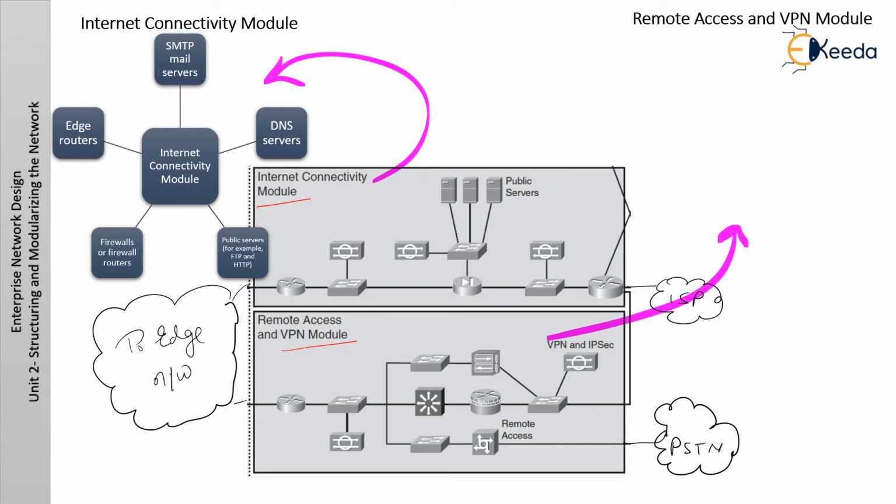Now come to the remote access and VPN module, here on the right-hand side. This module terminates remote access traffic and VPN traffic that the internet connectivity module forwards from remote users and remote sites. It also uses the internet connectivity module to initiate VPN connections to remote sites.